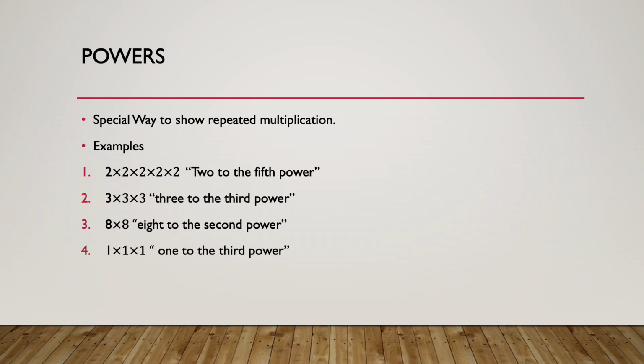The number 8 we multiplied 2 times. This is the fourth example. We multiply this number 3 times. So this is the repeated multiplication. In the next slide I will show you the powers.